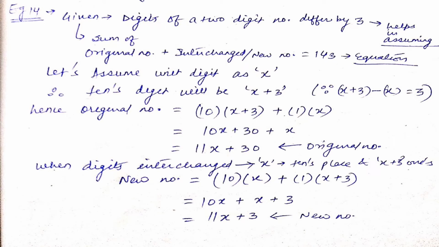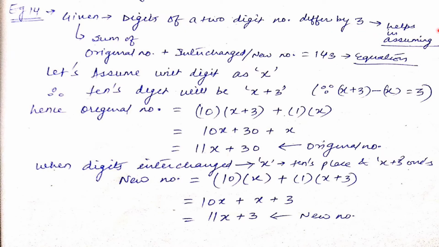Example number 14. Please read the question above. Now, after reading the question, two things I have found. First thing is, the digits of a two-digit number differ by 3. This is a statement in the question which says the digits of this two-digit number will differ by 3.